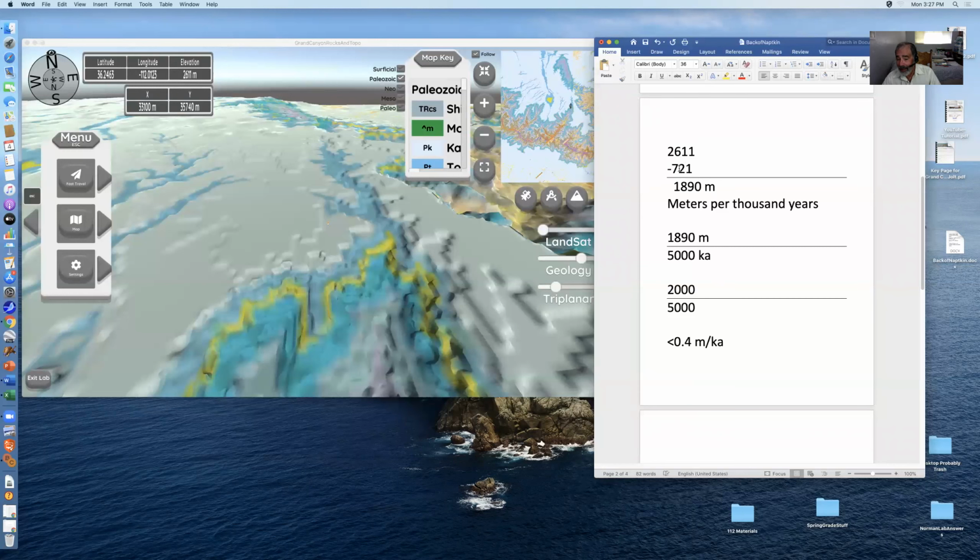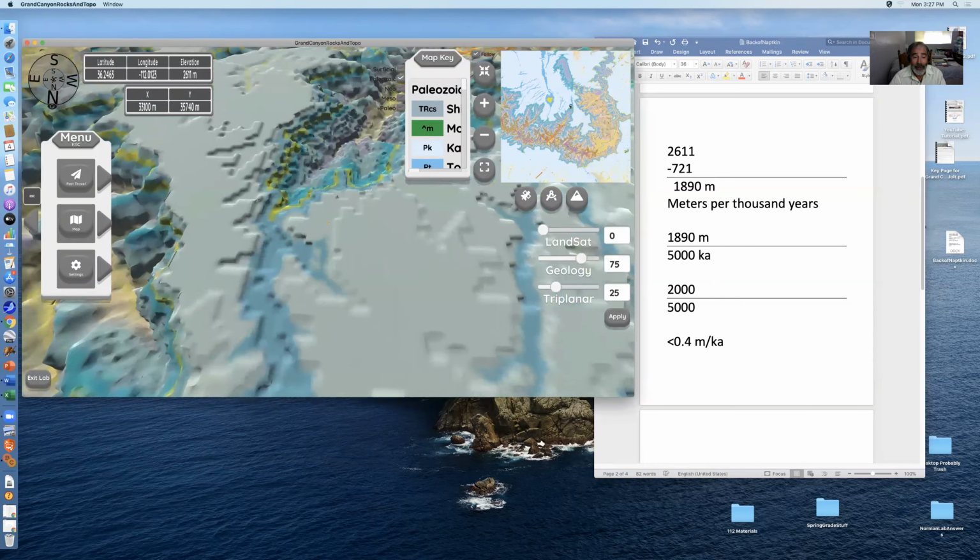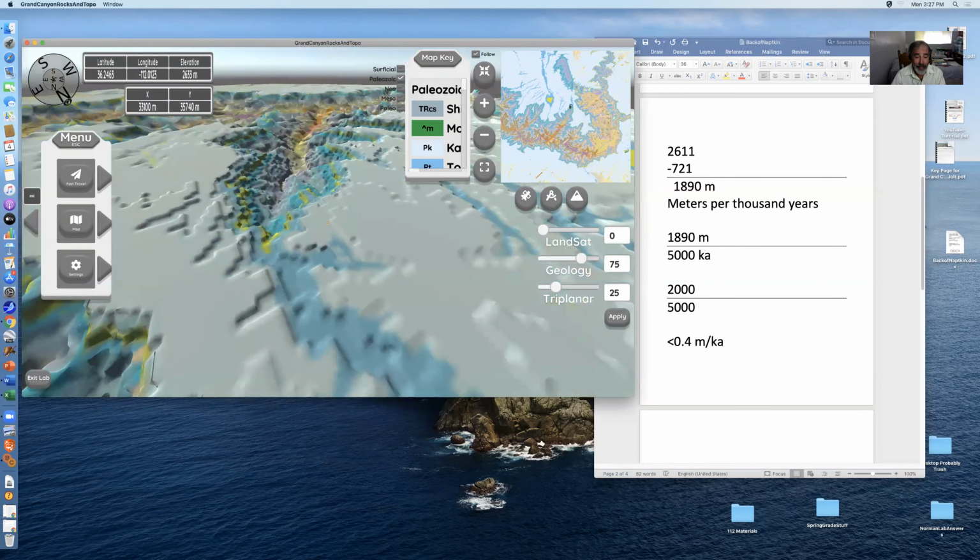You can check the math if you add them up. 1129, carry the 1, and you get it close. 1890 meters is close to 2,000 meters. 2,000 meters is the depth of incision from the top of the North Rim down to the bottom of the Grand Canyon.